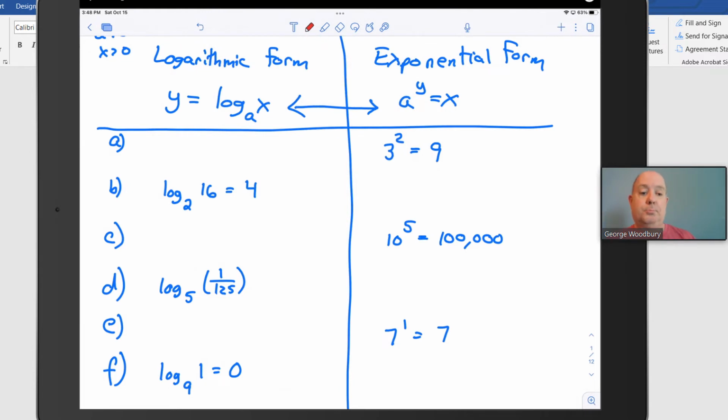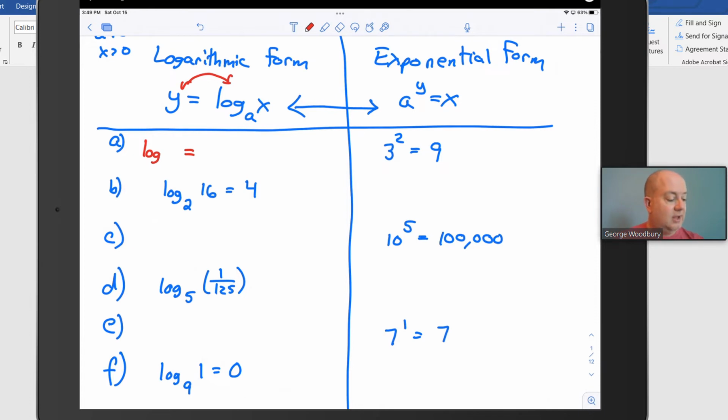In the first problem, problem A, we have 3 to the second power equals 9. That's an exponential form. To change this to logarithmic form, I'm going to write it in the other order. So I'm actually going to put the logarithm first. And so I'm going to write log, and then I'm going to think about, okay, what is the base here?